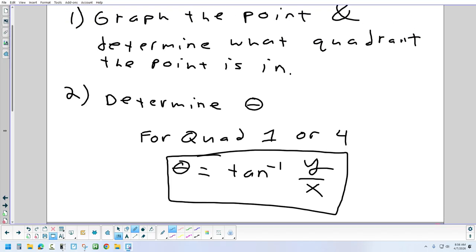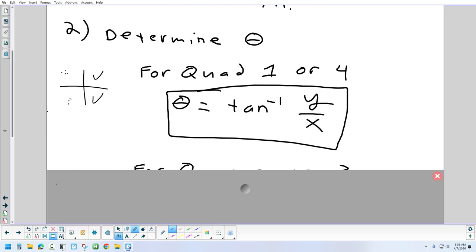The problem with inverse tangent, the way that that function works, is that it will only give you an answer here and here. Inverse tangent would never give you an answer in the two quadrants on the left. But you can definitely have coordinates in the two quadrants on the left, so we need a way to get answers over here as well.